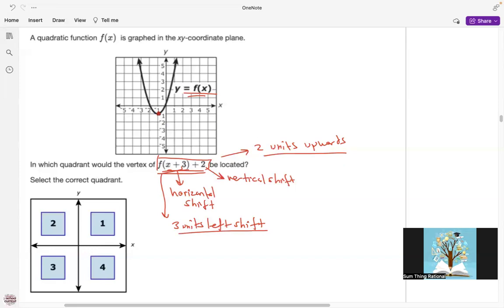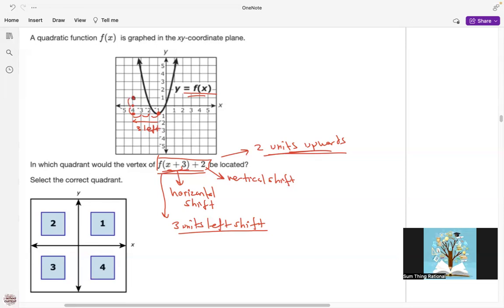Let's start from the vertex, and shift this vertex 3 units left: one step, second step, third step. Now this is 3 units left. Then I need to shift 2 units upward from this point: one step, second step.